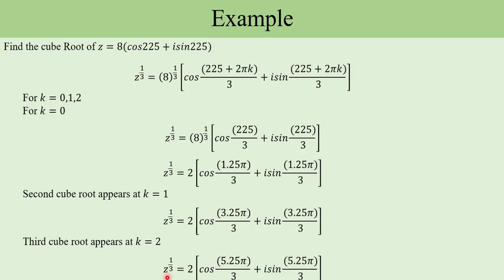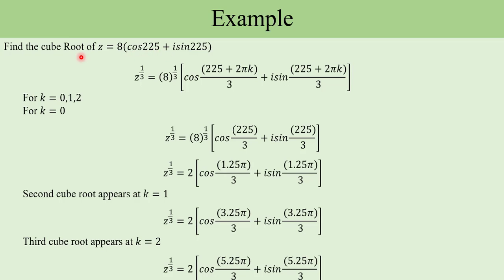So we shall have z power 1 over 3 is equal to 2 into cos 5.25 pi divided by 3 plus i sin 5.25 pi divided by 3. So these will be the roots of this expression, or this complex number.